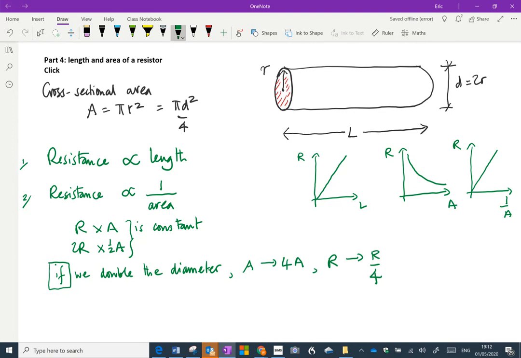Now, we might just pause to think, why should this be? If we imagine those electrons going along inside the wire, then the further they've got to go, the more collisions they're going to have with other things in the wire, the atoms, and therefore the more energy they're going to lose, so therefore the more resistance there's going to be.